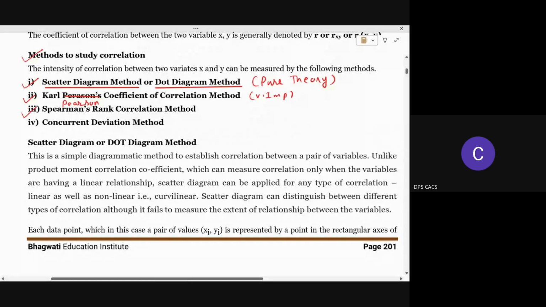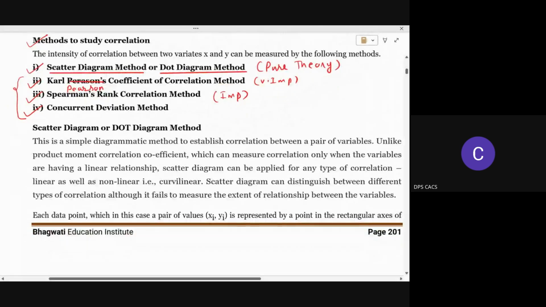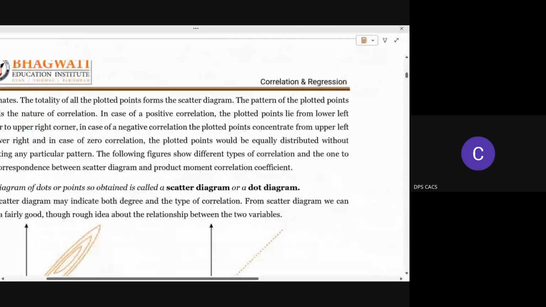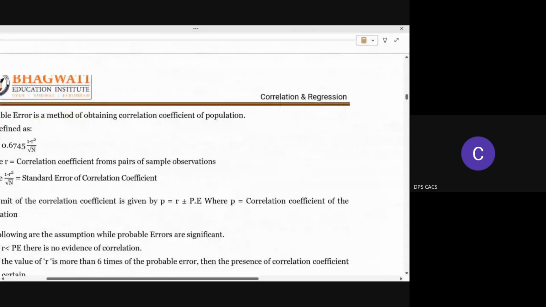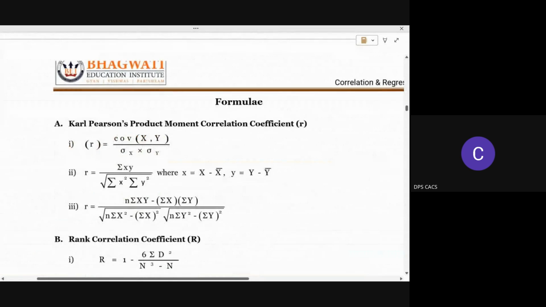And then we have Spearman's rank correlation coefficient, which is also important. These 2 are most important in the chapter. And then we have concurrent deviation. They can ask you theory plus sums from these 3. But theory from the only point number 1. Okay. We'll start with Carl Pearson, which is the most important now. Please come to page 205.